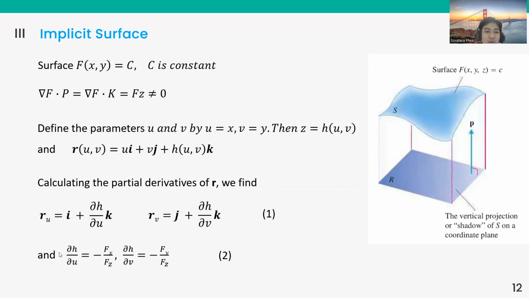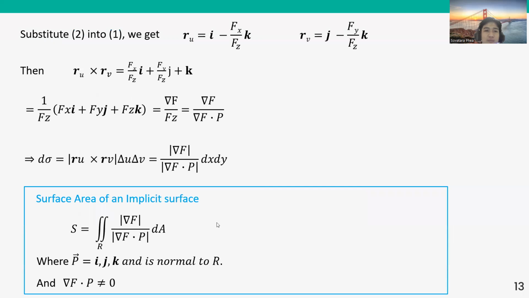We also know that the partial derivatives of h over u and over v are minus fx over fz and minus fy over fz. So we substitute this second equation into the first, and we get r sub u equal to i minus fx over fz k and r sub v equal to j minus fy over fz k.